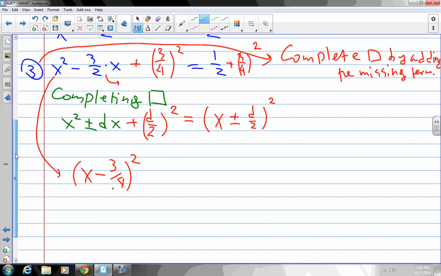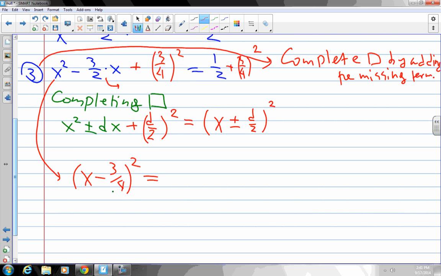Now on the other side, it is 1/2 plus, well, 3/4 squared is 9/16. Right? The 3/4 squared is 9/16. I need to find the common denominator in order to add 1/2 and 9/16. Yeah, so we have to multiply this by 8 over 8, so that becomes 17 over 16.